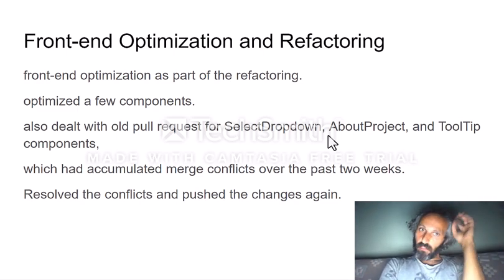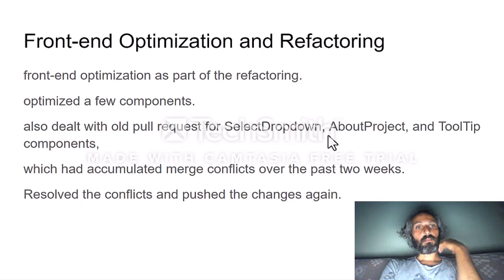Also, front-end guy, Vlad, was doing front-end optimization and refactoring. So refactoring is part of the big story. The guys have been demanding refactoring to be sure that the code will be working and stable and will not give us any surprises in the later phases of the job we do.